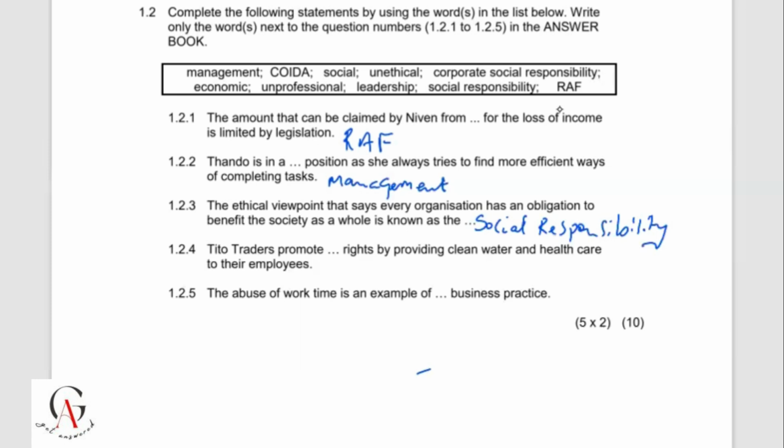It reads as follows. Dido traders promote dash rights by providing clean water and healthcare to their employees. It means that they were addressing the issue of social. Okay, right. So now let's check 1.2.5. The abuse of work time is an example of dash practice. This is nothing but unprofessional business practice.